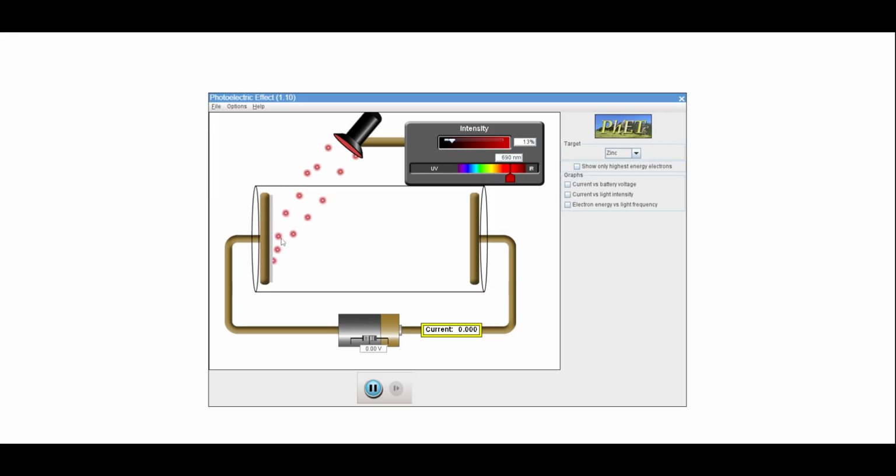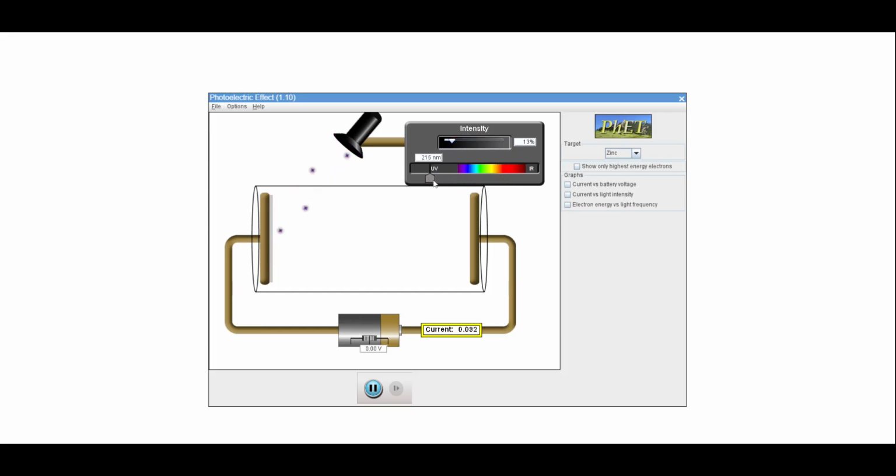If the photons are too weak, then that energy will be dissipated into the metal plate and the electron will stay where it is. So some colours of light have enough energy in their photons to release an electron, and some do not. Here is an example where these photons are not energetic enough to release an electron.